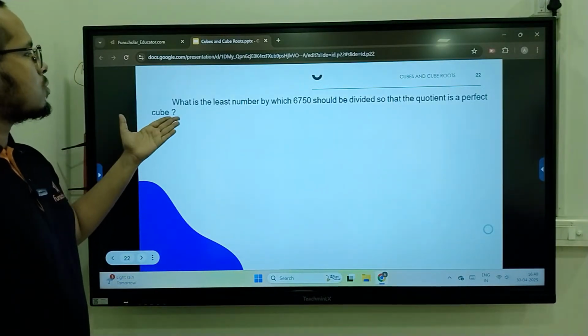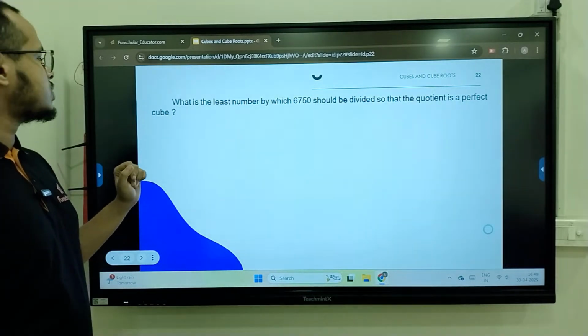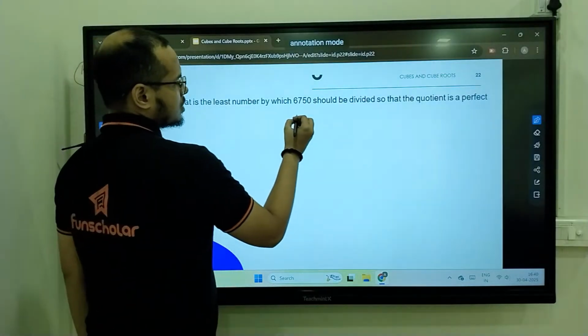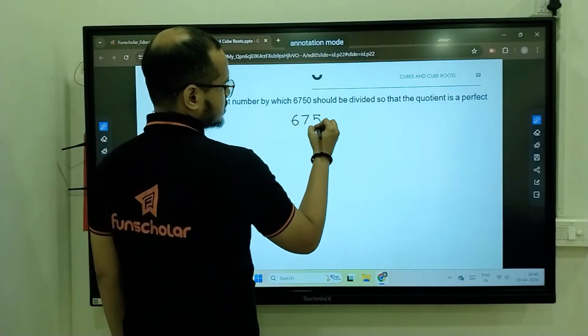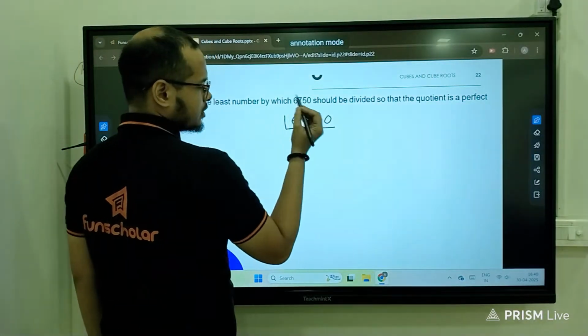Okay, now what is the least number by which 6750 should be divided so that the quotient is a perfect cube? Okay, let's find out. So I have 6750. As the last digit is even, we are going to start off with 2.